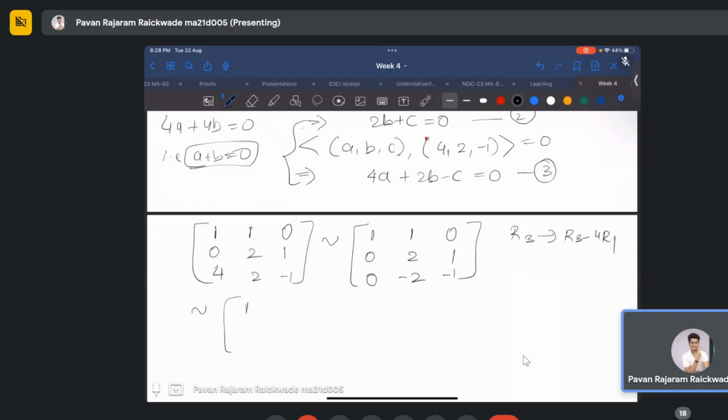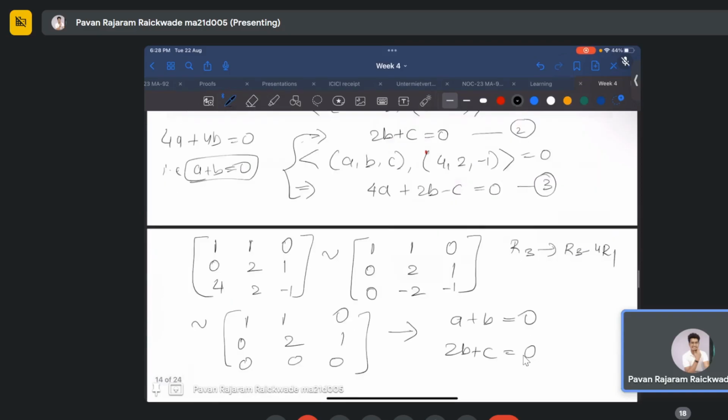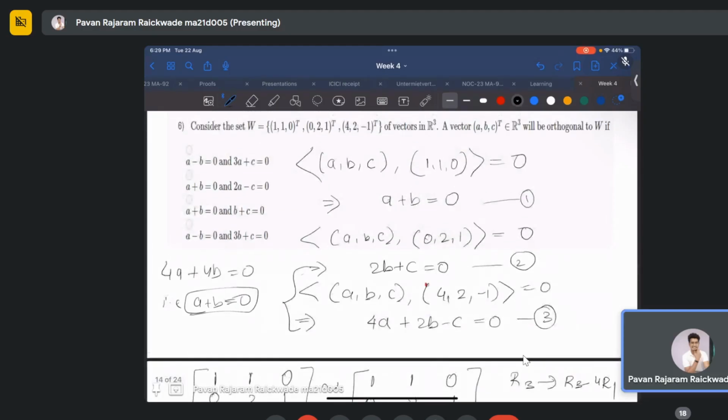Then when you add the last two rows, it will become 0. So the only essential conditions are A plus B is 0 and 2 times B plus C is 0. A plus B is 0 and 2B plus C is 0. Do you have any such condition?